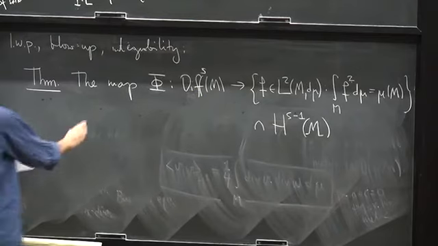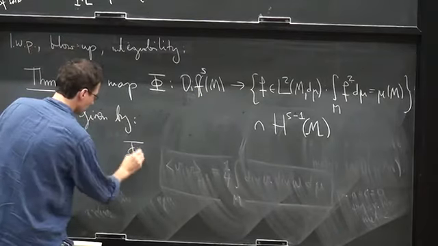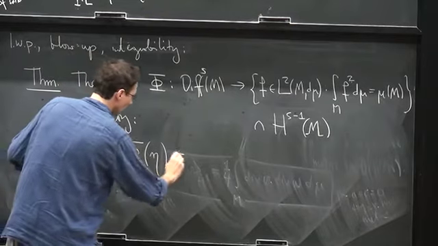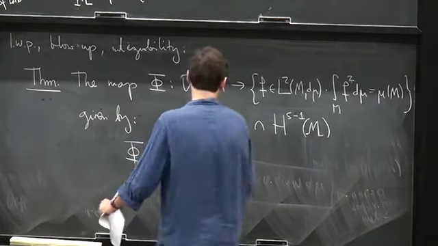This map, which I'll describe as φ(η), is just the square root of the Jacobian with respect to μ of η.